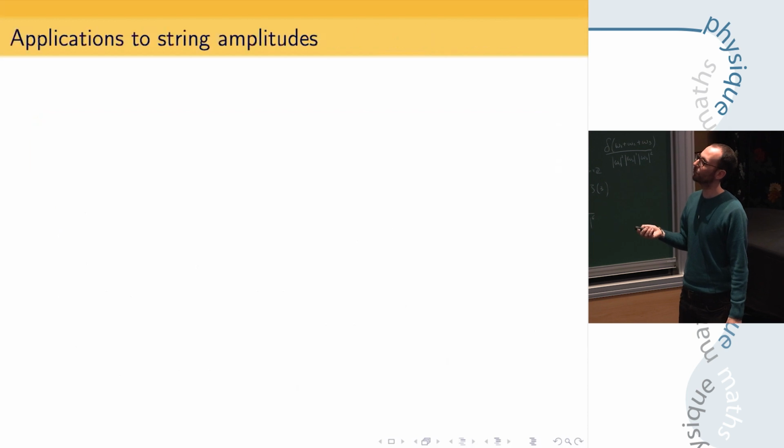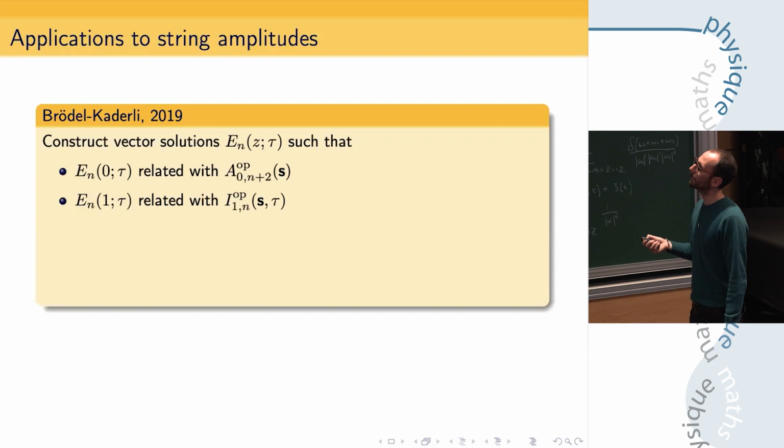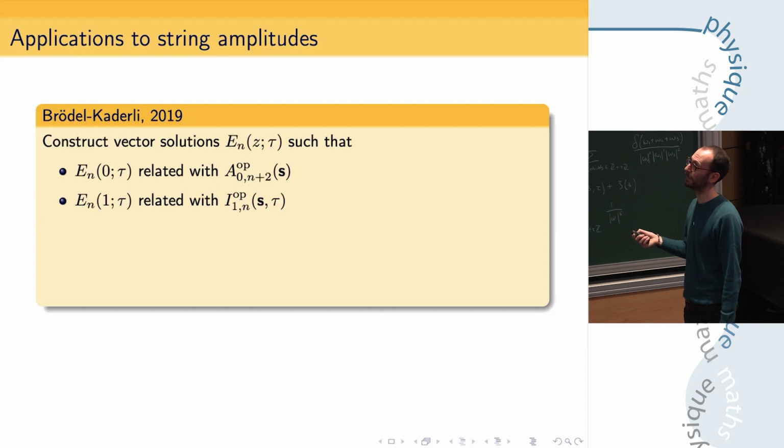And what does this have to do with amplitudes? So this is a paper, some observation from Broedel and Kaderli, who studied this. They constructed vector solutions again of the KZB equation.